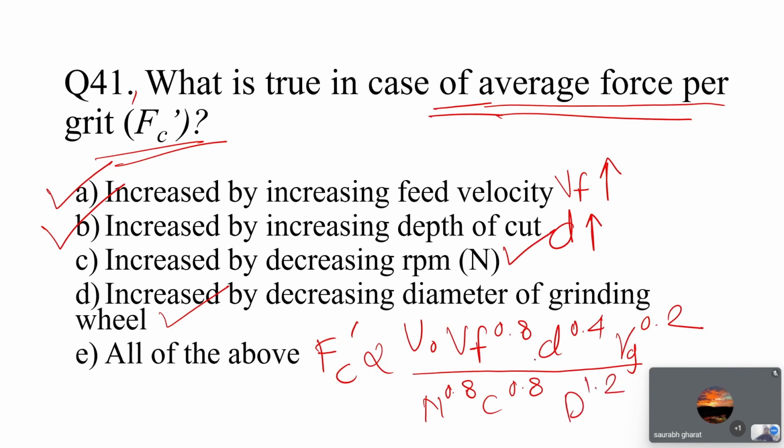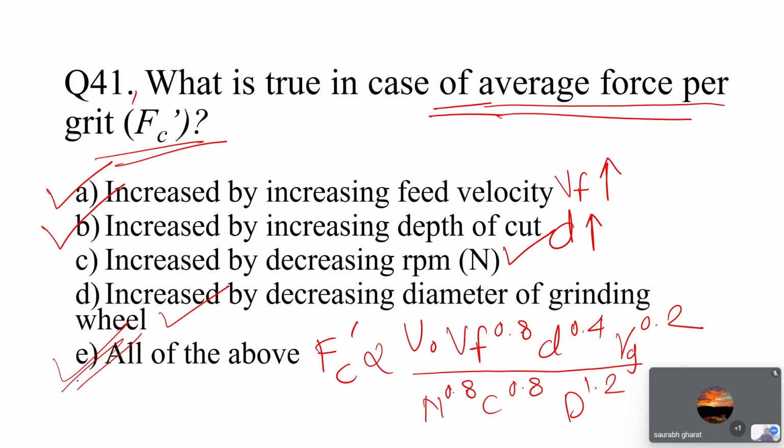So this is the formula that you have. VF and depth of cut are in the numerator, so it increases by increasing the feed and depth. N and diameter are in the denominator, so it will increase by decreasing both of them. So by this equation everything is correct, and your answer will be all of the above.